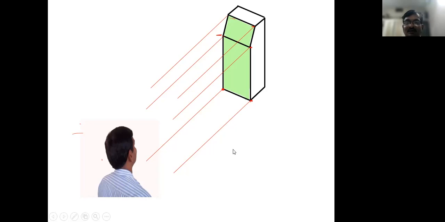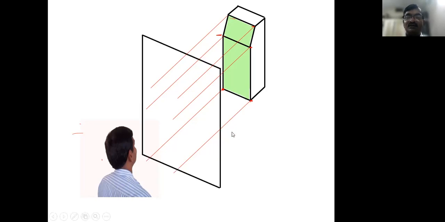In this orthographic projection, one imaginary plane is introduced. The plane must be transparent, so that the rays pierce through it, for example glass. Here is the object, and this is the observer who observes.